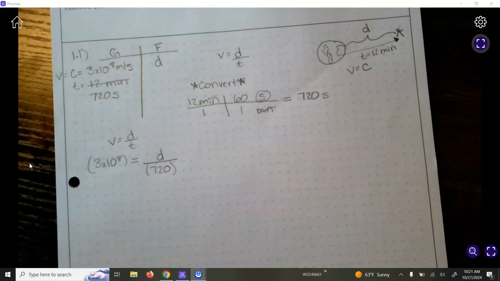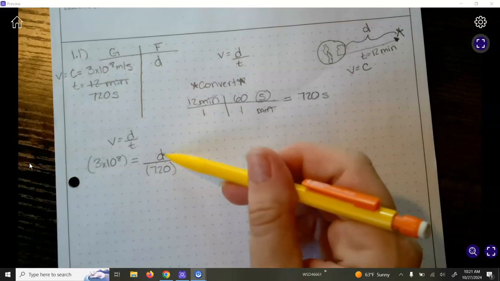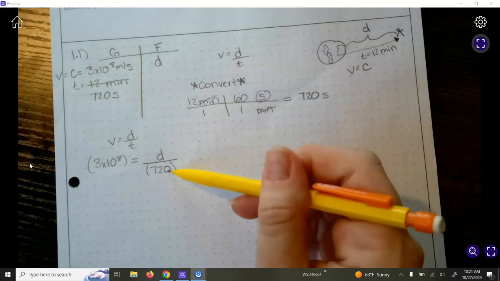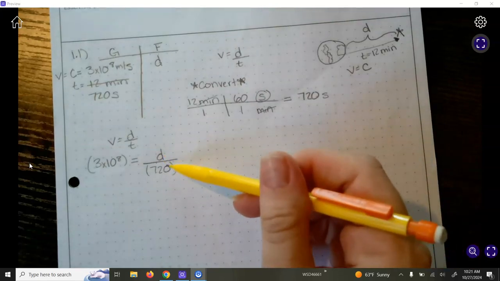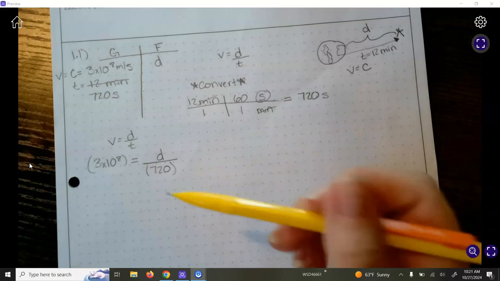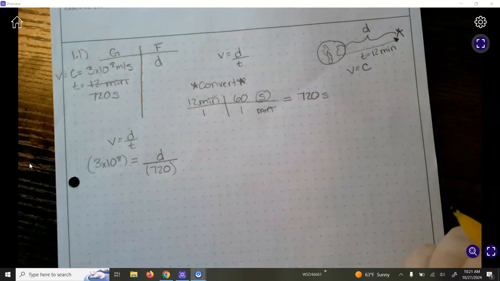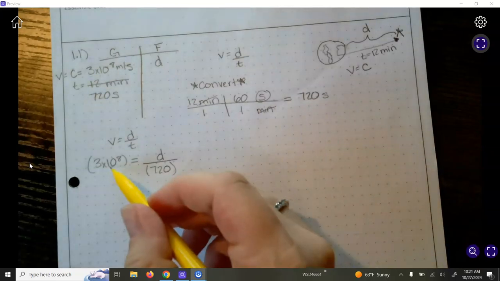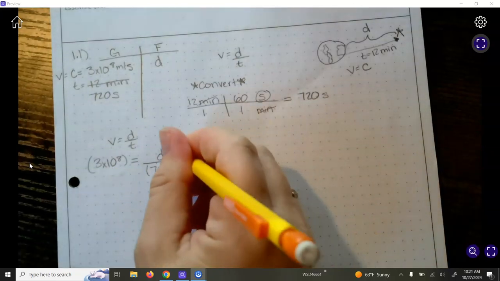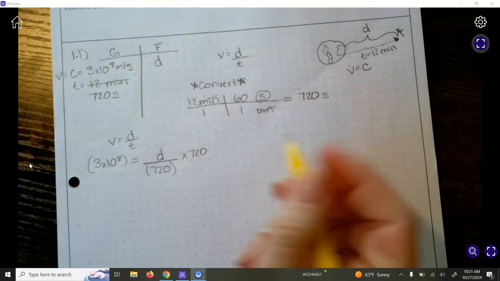In algebra, if I am taking D and I want it to be by itself, I have to get this 720 to the other side. Well, D is being divided by 720. What's the opposite of dividing? Multiply, right? So to get 720 to the other side, I have to multiply by 720 on both sides.